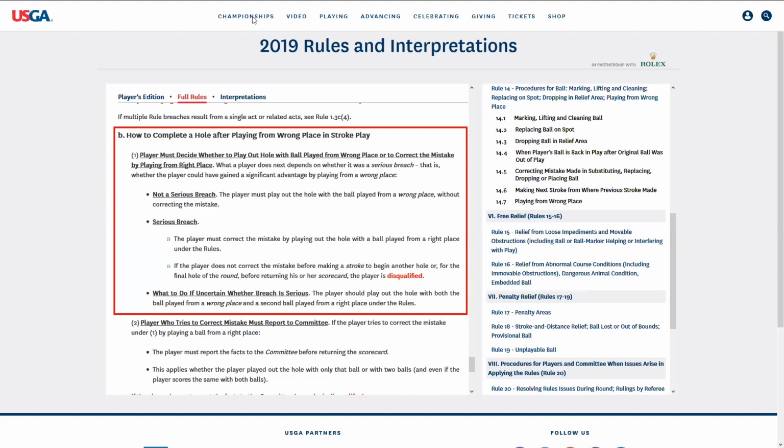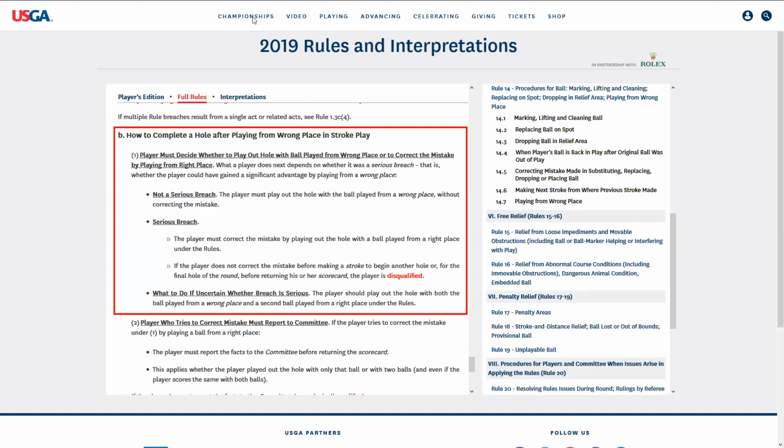If you don't play a second ball, then when you finish the round and you turn in your scorecard, it's going to depend on what the committee says. And if the committee says it's a serious breach, you're disqualified. If the committee says it's not a serious breach, then you get the score for the hole that you actually got, plus the 2 penalty strokes for playing from a wrong place.